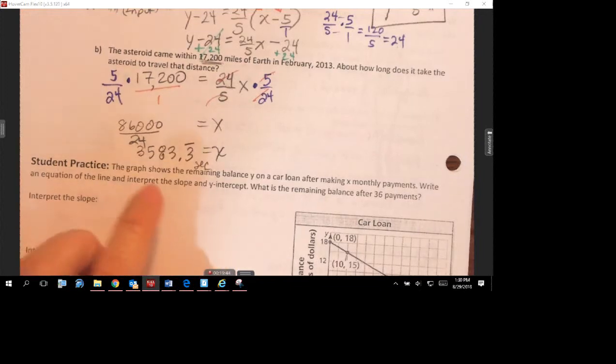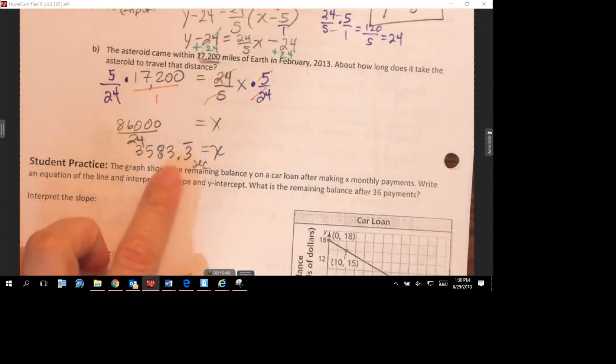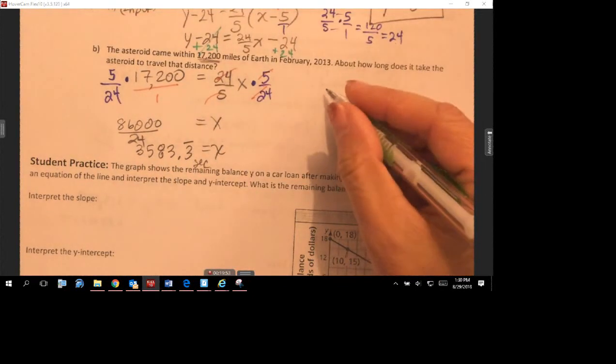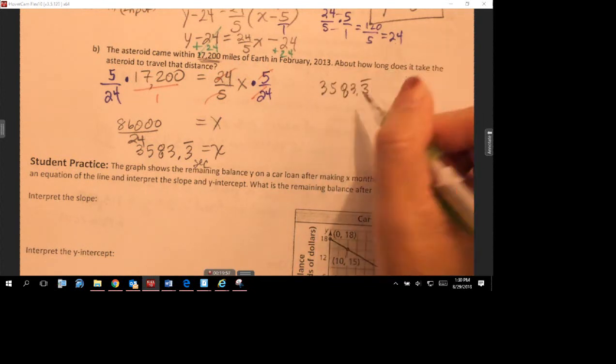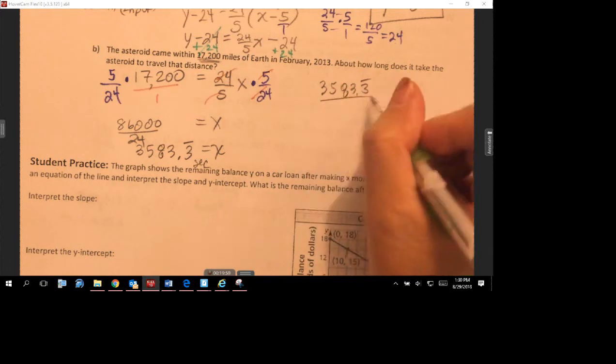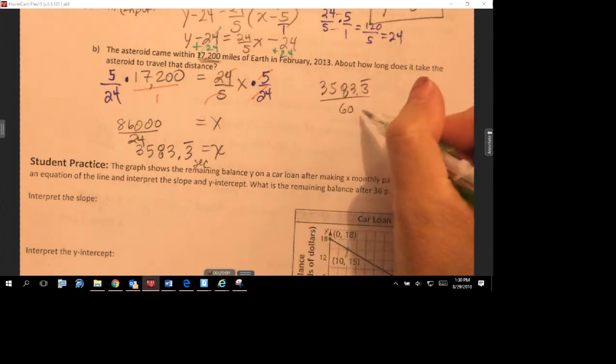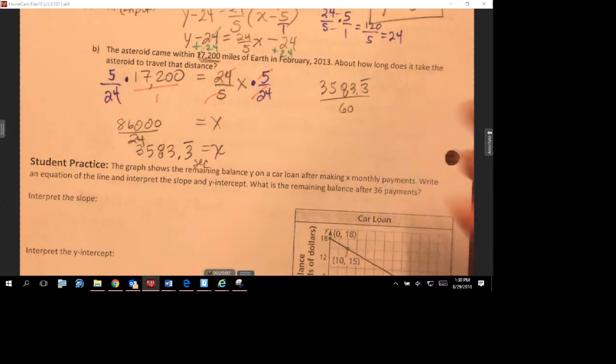So at this point, if I want to know how many minutes or how many hours, right now it's seconds. So if I took that answer and divided by 60, it's going to change it into minutes.